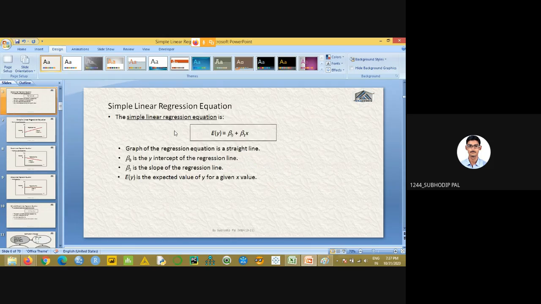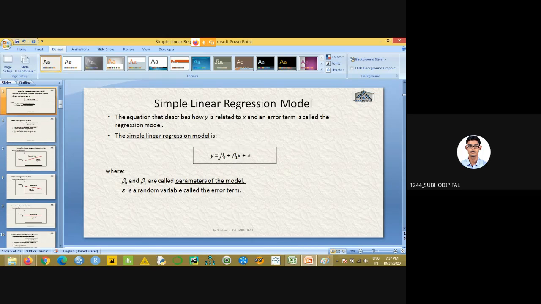So this was the equation that I used previously, beta naught plus beta 1 x1. Remember, this is the simple linear regression model. In the MCQ, they might ask you to choose which one among the four options defines the simple linear regression model.